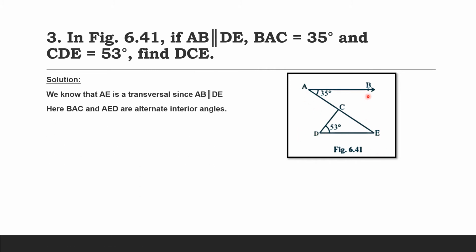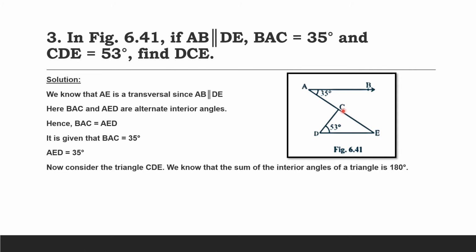So BAC and AED form alternate interior angles, so their measures would be the same. We are given that the measure of angle BAC is 35 degrees, so automatically the measure of angle AED would be equal to 35 degrees.